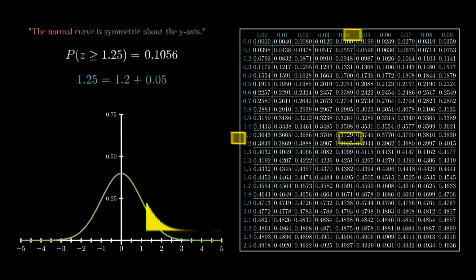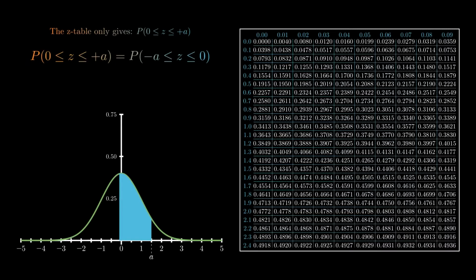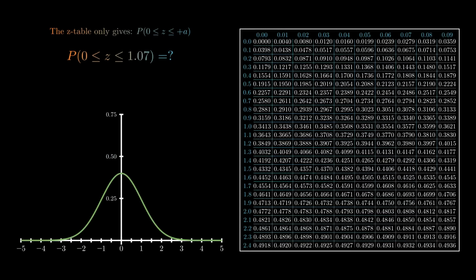If you've noticed, the z-table only gives values for z in between 0 and a positive constant. And by symmetry, this is the same as z in between a negative constant and 0. So we can use this to our advantage in future problems that we're going to solve. For example, what if we want to find out the probability that z is in between 0 and 1.07?